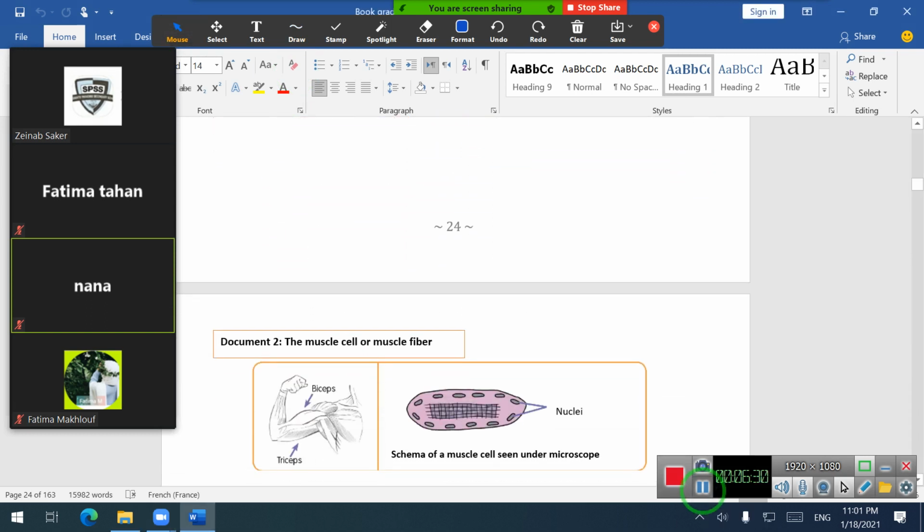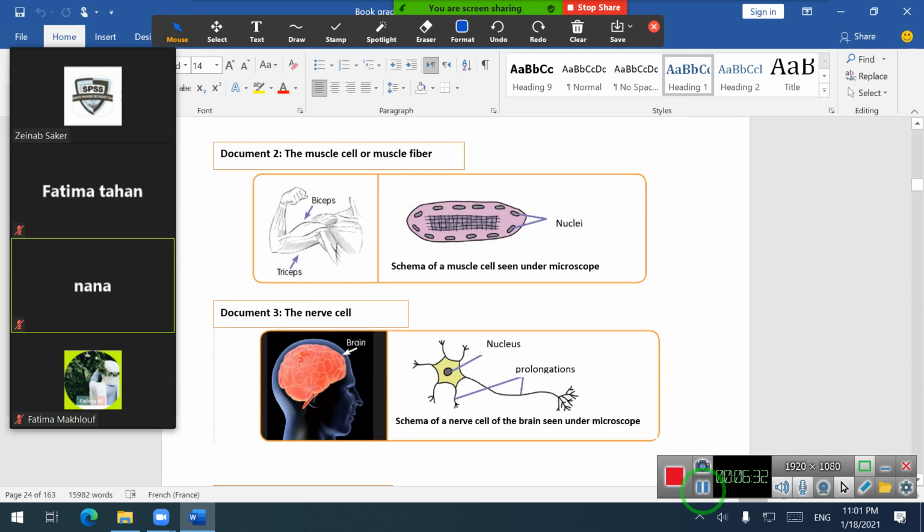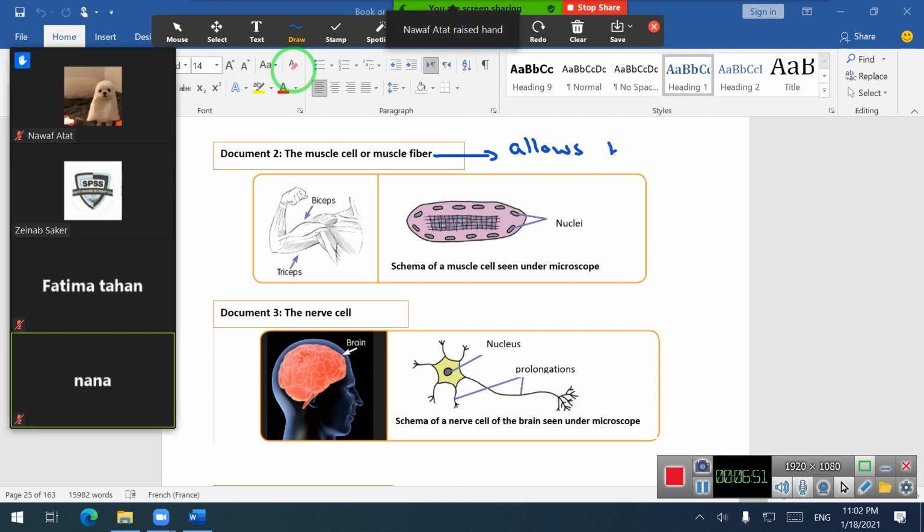Now let's move to document 2. Document 2 shows the muscle cell or muscle fiber. As we know in grade 4, the muscles are the body organs that allow body movement.